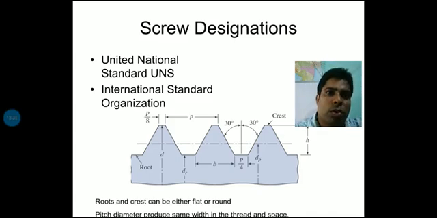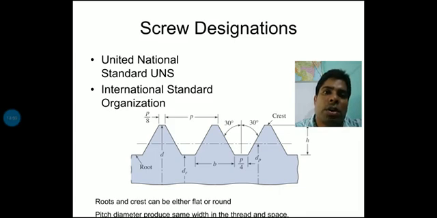It depends on the thread angle, based on the acme thread angle. For the acme thread and the United Nations standard, UNS, some certain angle is there.